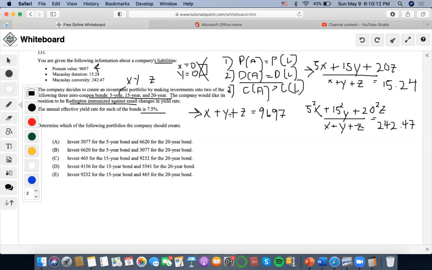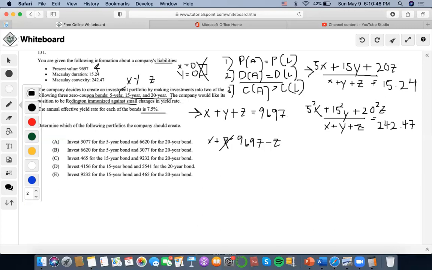I'm going to set y equals 0 and make x plus z equal the present value of 9697, so x equals 9697 minus z. Now I'm going to substitute x in this equation right here. We already know what x plus y plus z is. It's given here, so it's 9,697.